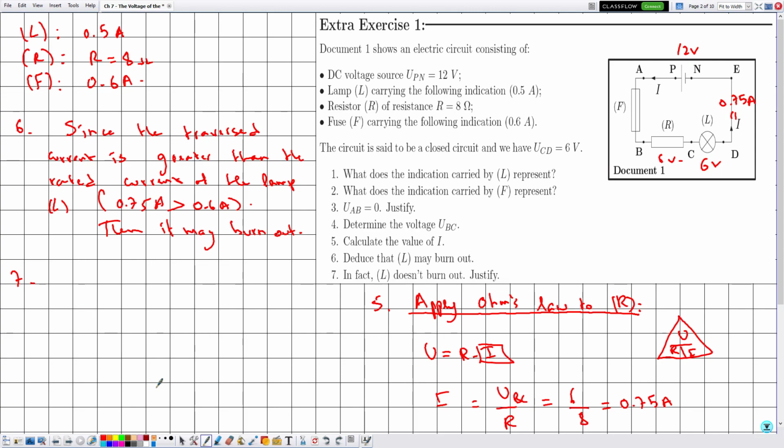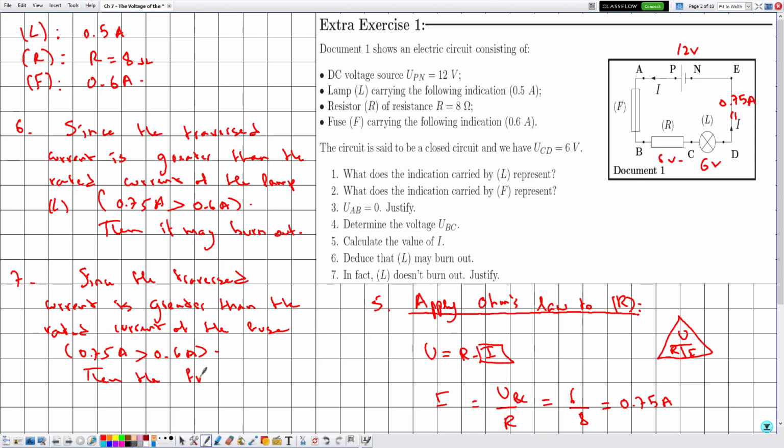Then let me say since the traverse current is greater than the rated current of the fuse, and in this case 0.75 amperes is greater than 0.6 amperes, then the fuse will melt, cut the circuit, which means open circuit.